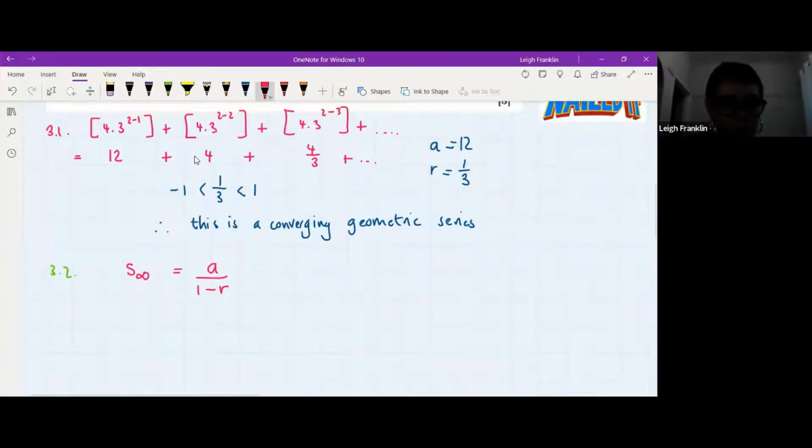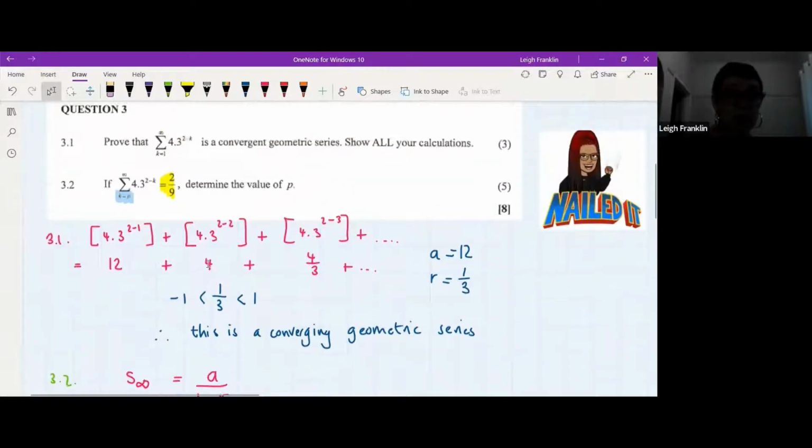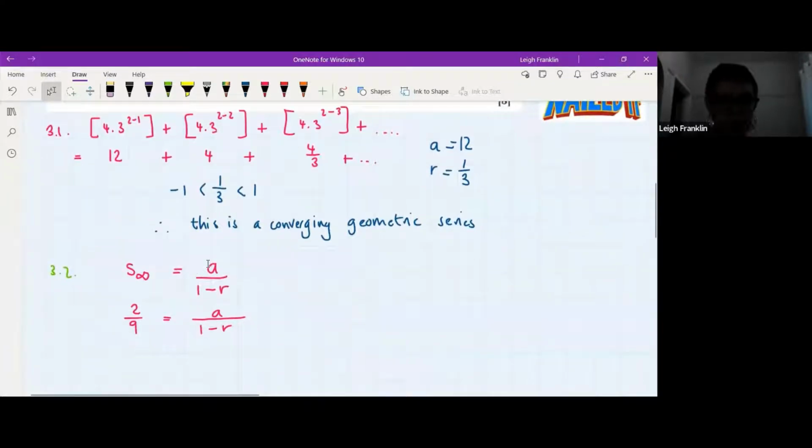So that means we've got 2/9 is A over 1 minus R. And that is the first equation that we can make. Is everybody happy with that? Yes, ma'am. We'll rearrange it just now, but let's just go back and have a look at the information.